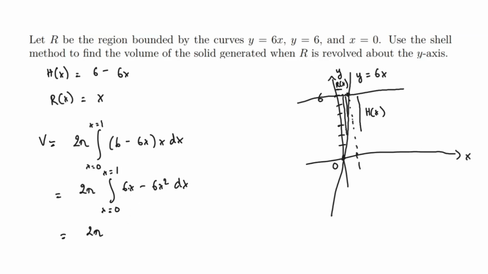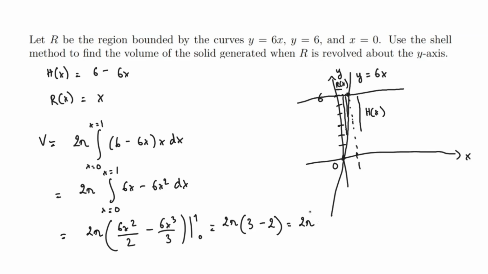The antiderivative is 6x squared over 2 minus 6x cubed over 3, from 0 to 1. Substituting 1, we get 3 minus 2. Substituting 0, the whole term is 0. So it's equal to 2 pi, and the volume is 2 pi.